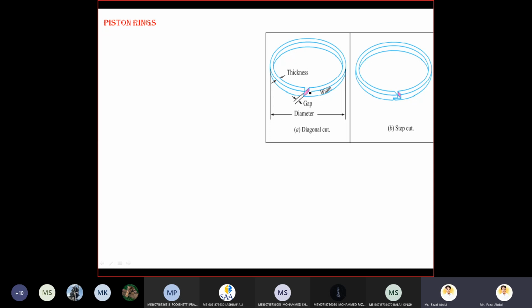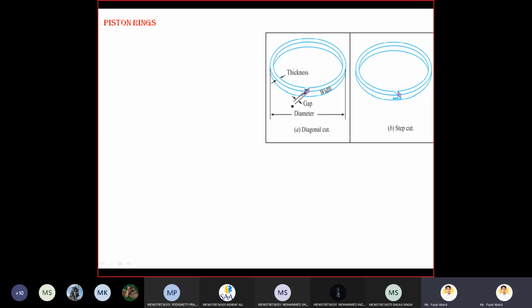If we do not provide the gap here, the diameter of the ring is going to increase, and the engine cylinder is going to seize. To compensate for this, we are providing the gap here. Whenever the temperature increases, the metal expands, and that expansion is going to cover this gap. That is the first purpose. The second purpose is for easy insertion of the rings in the piston ring grooves.